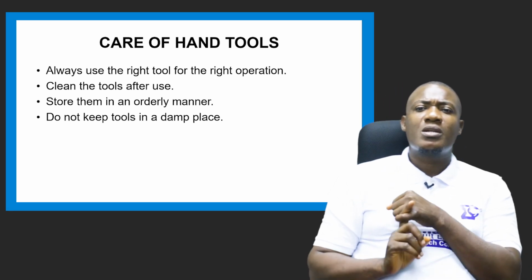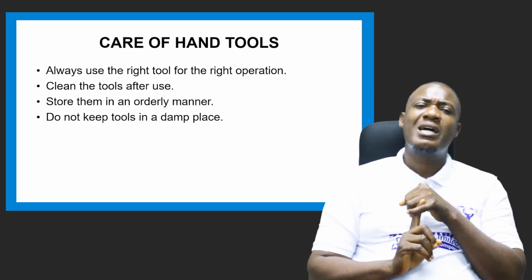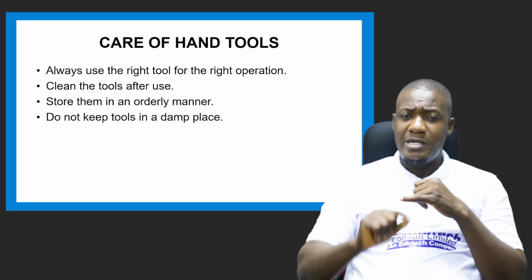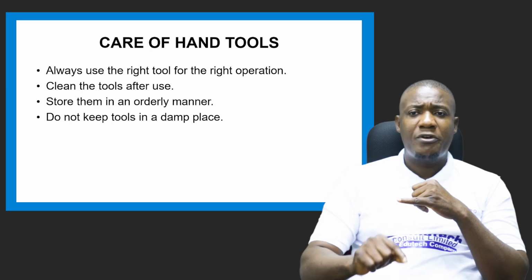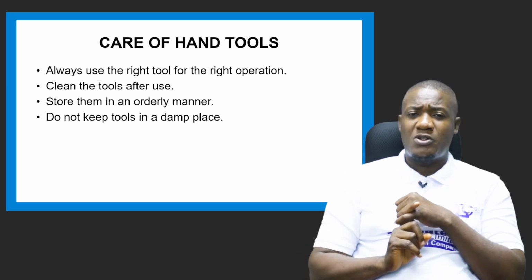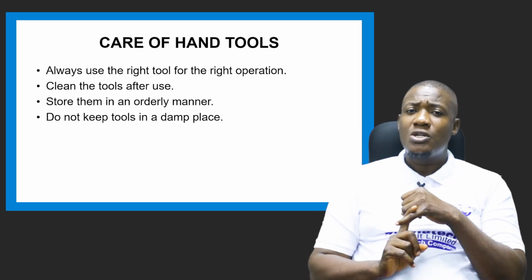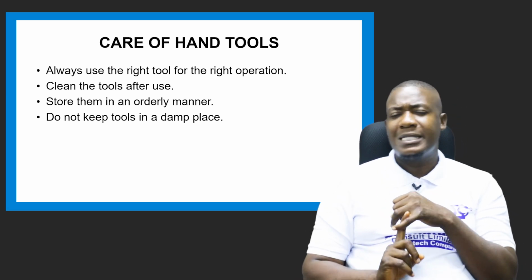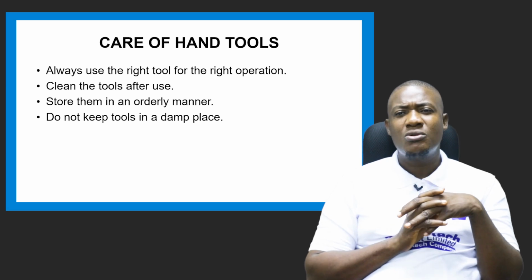Number one is to make sure that you're using the right tool for the operation you are performing. Make sure that the hand tool you are using is suitable for that operation. When you do that, you are not at risk of accident or injuring yourself, and the job will be easier for you to do.